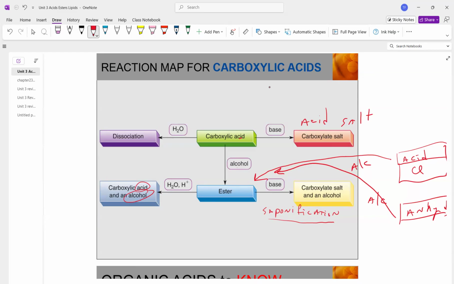Or if it's just in plain water, it dissociates, that means the H comes off. If you start with an ester in an acidic environment, you can end up taking apart the original acid and the original alcohol. In a saponification, where you have a strong base, you end up with a carboxylic salt plus the original alcohol.